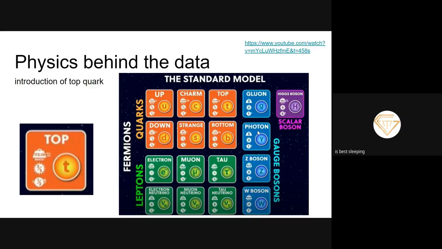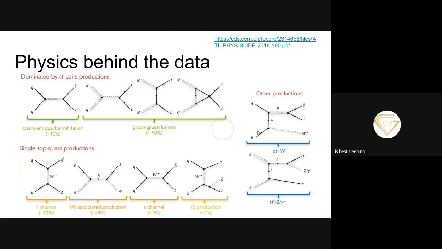The mean lifetime of the top quark is 5 times 10 to the minus 25 seconds. Because the top quark decays very quickly, it is the last quark we found among the 6 known quarks.